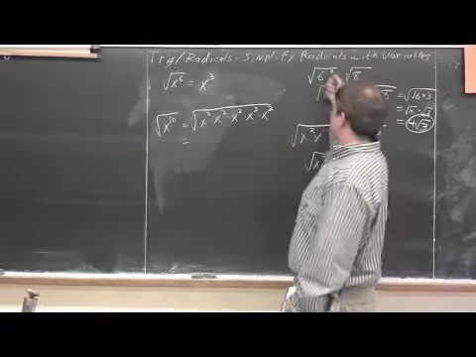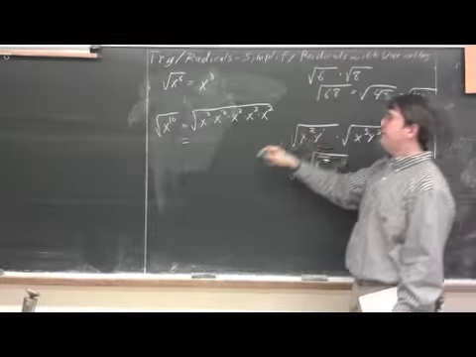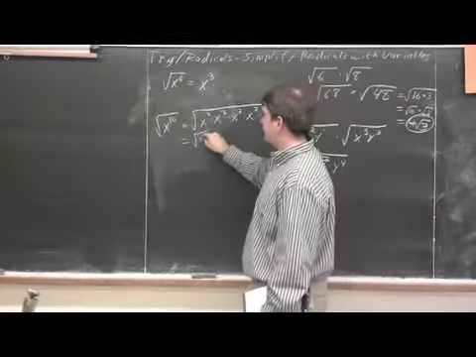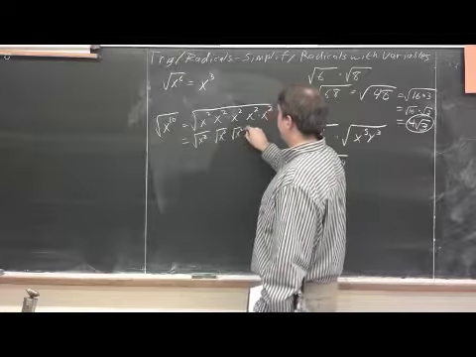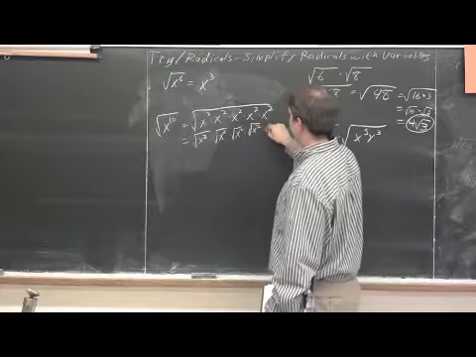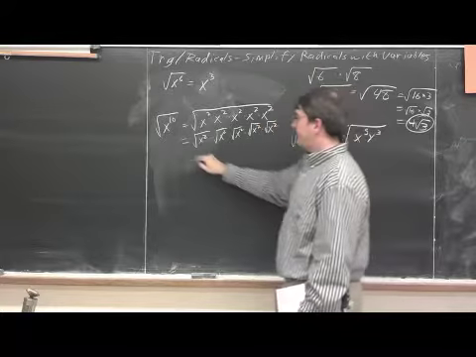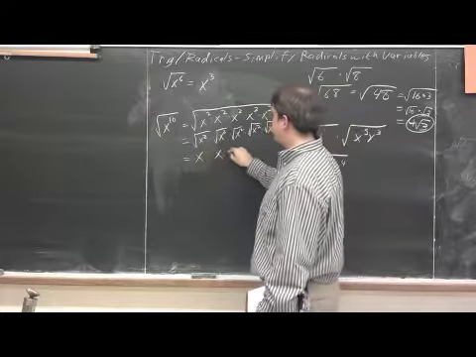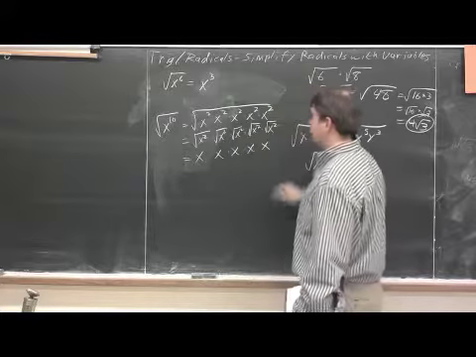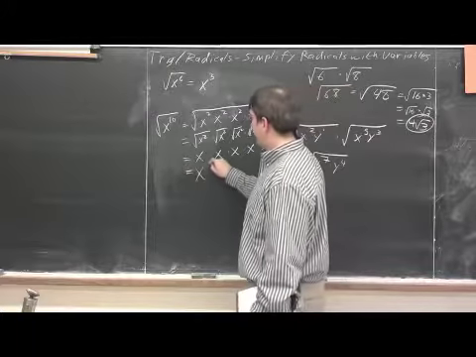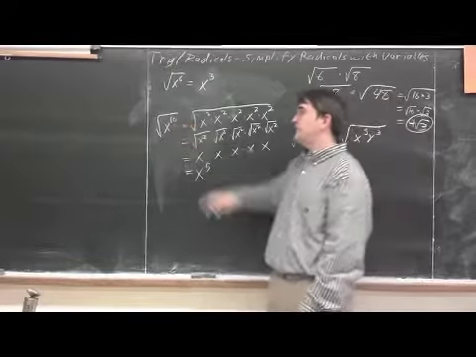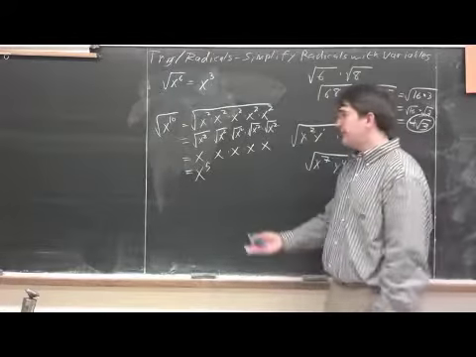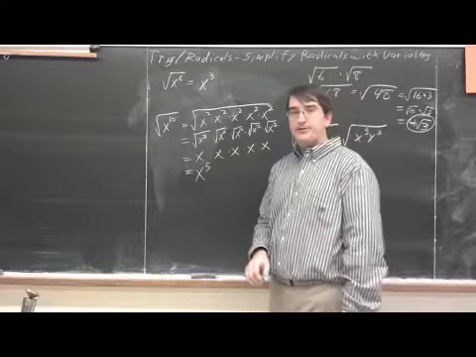By the reverse of this property up here, these are all now individual square roots: square root of x squared times square root of x squared, and so on. This gives me, of course, x times x times x times x times x, or x to the 5. So what you're seeing is that when we take the square root of an expression with an even power, we're just dividing that power in half.